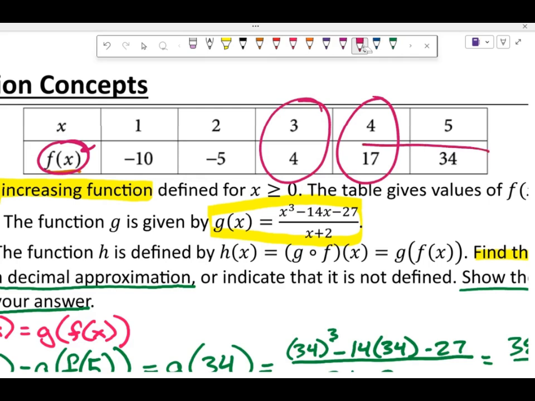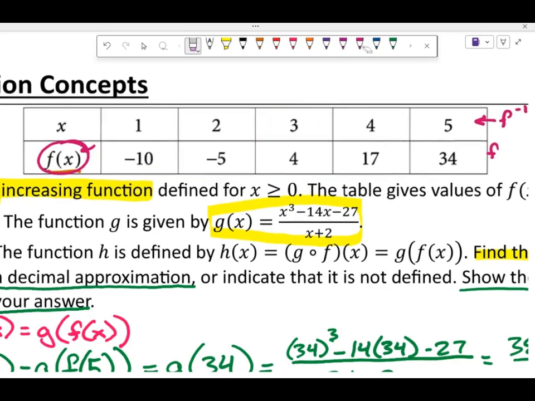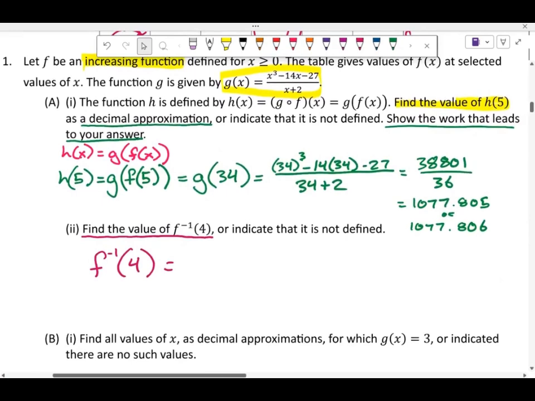So then all of these are f values. Therefore, these ones are the f inverse values. So, which one do I actually want? f inverse of 4 is this. Here's the thing to remember. Let me erase this.